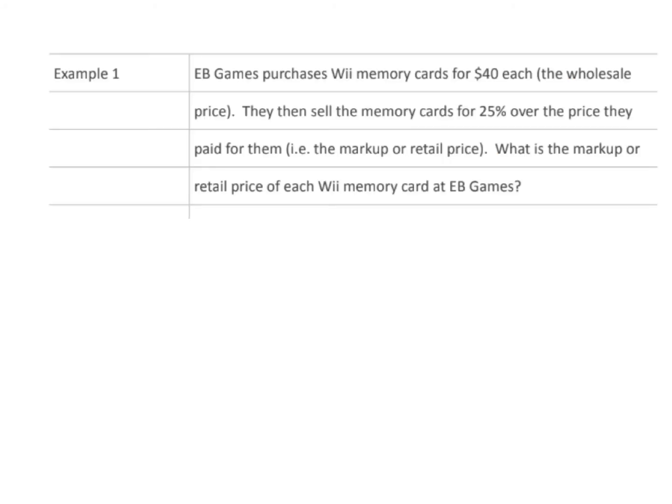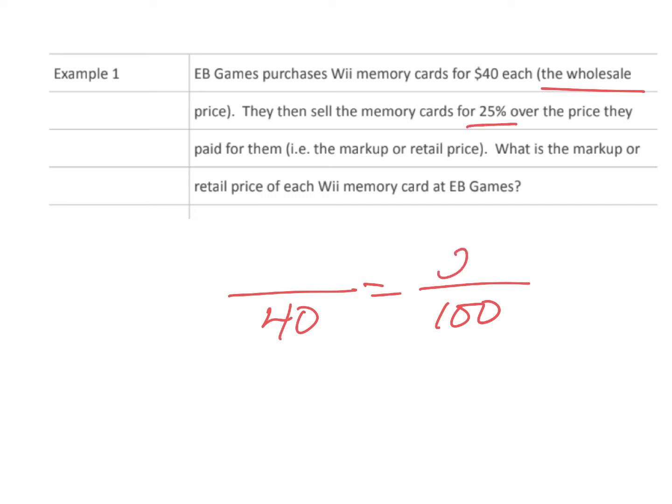So let's just try some basic ones here. Word problems. EB Games purchased Wii memory cards for $40 each. That's the wholesale price. That is our original price. That's what they bought them for. Then they sell the memory cards for 25% over the price. Over means we're going to add it on. So do it easy. I can multiply by 0.25 or I can divide by 4.